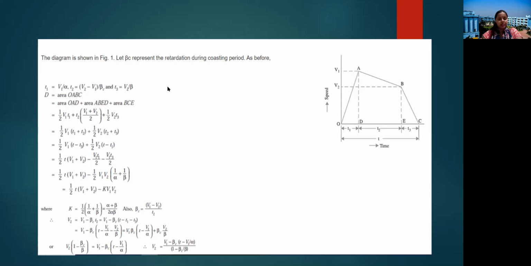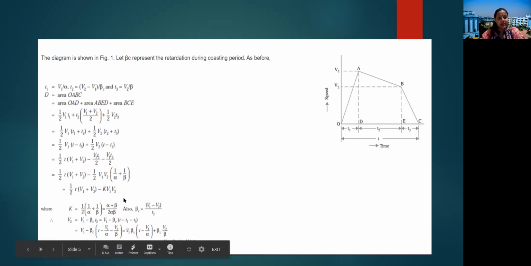So T2 is replaced by T minus T1 minus T3, where T is the total time period. Now in place of T1 and T3, we are replacing V1 by alpha and V2 by beta, and from this we have this equation.